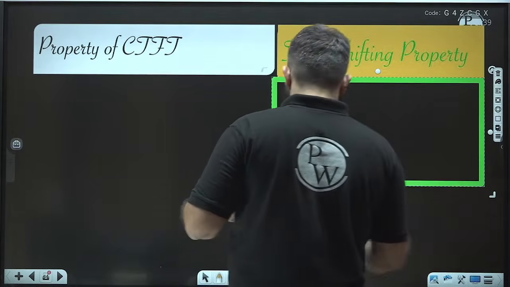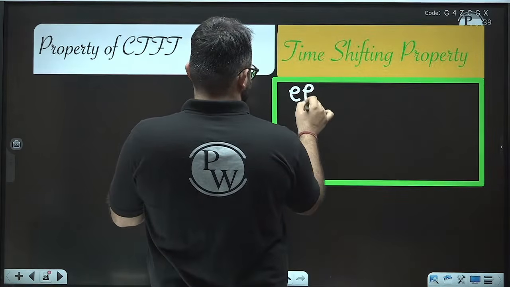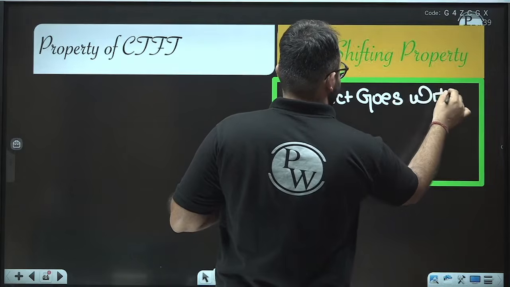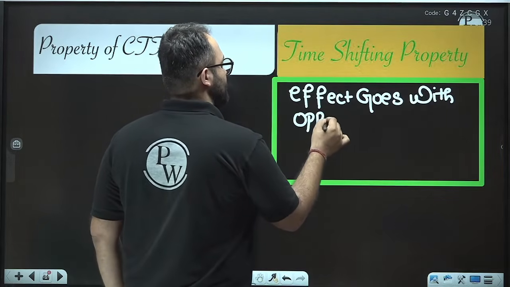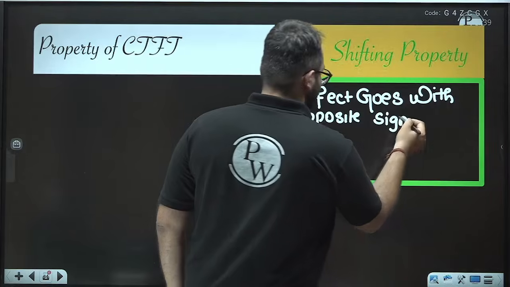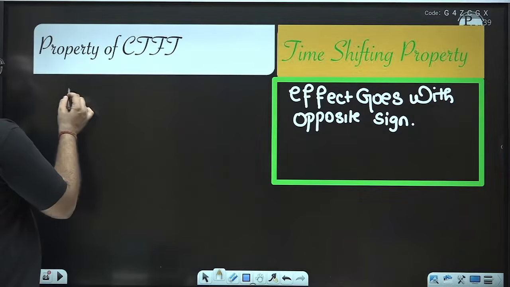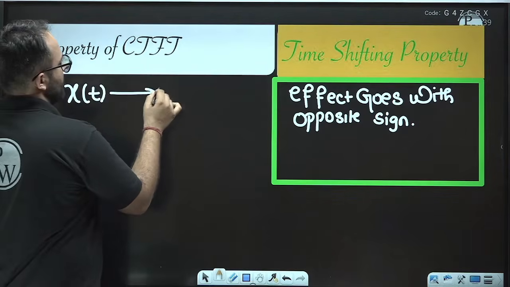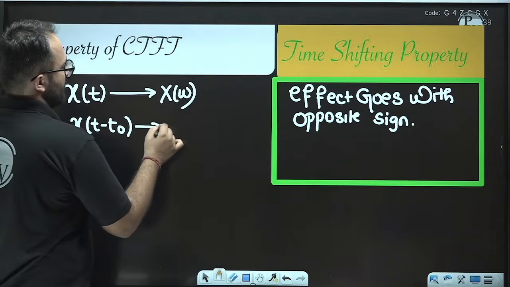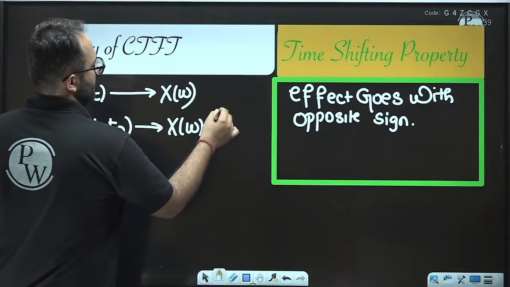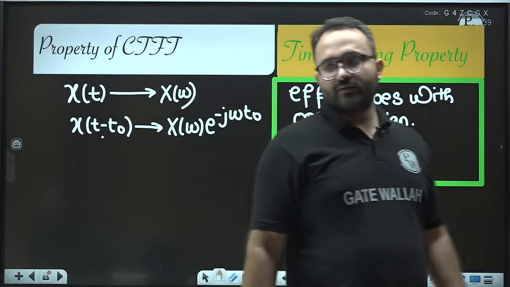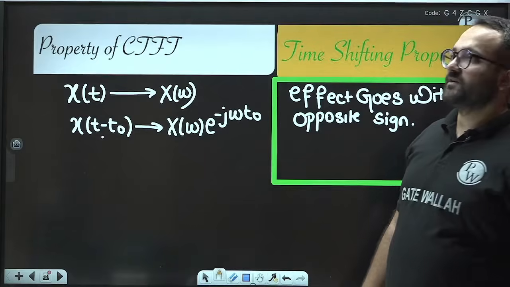So if x of t has Fourier transform X of omega, then x of t minus t naught will have Fourier transform X of omega e to the power minus j omega t naught.